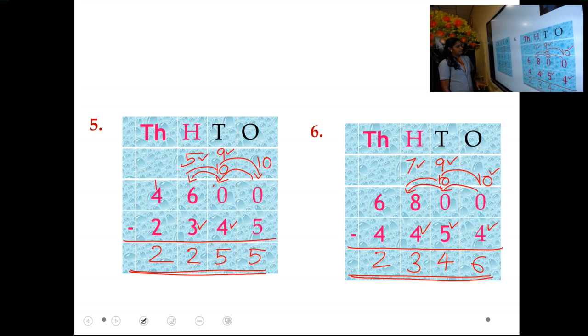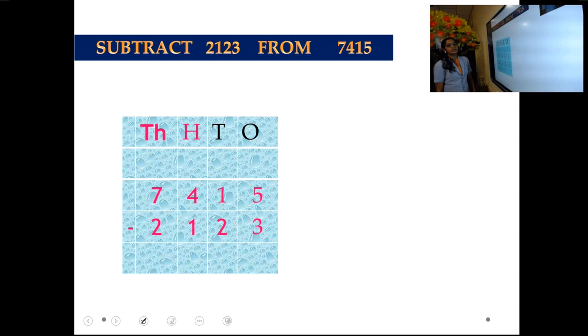So we will do these types of questions. Another type of question that comes in subtraction is the from question. Subtract one number from the next one. So how will we write down these numbers? The writing of the numbers in this question is very important.